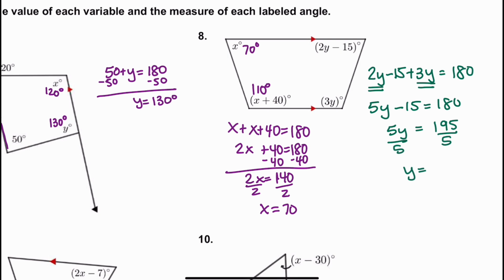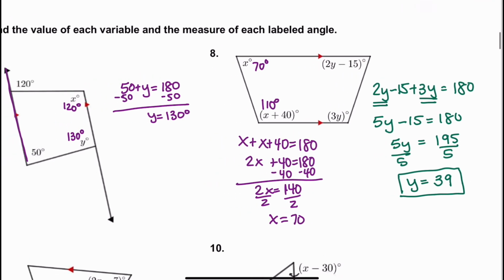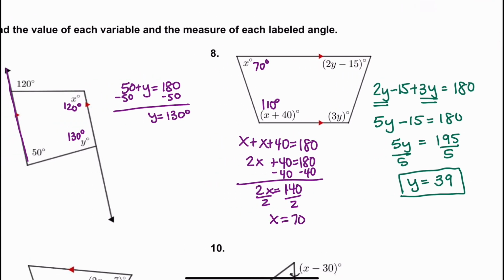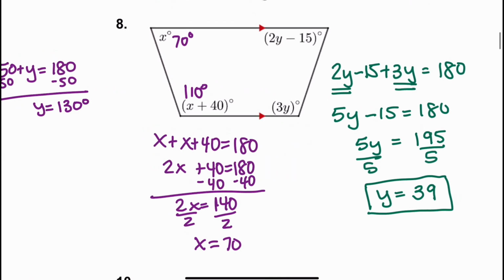So y is going to be 39. Now we want to figure out what each angle is as well. So if I took 3 times 39, that's 117 here.